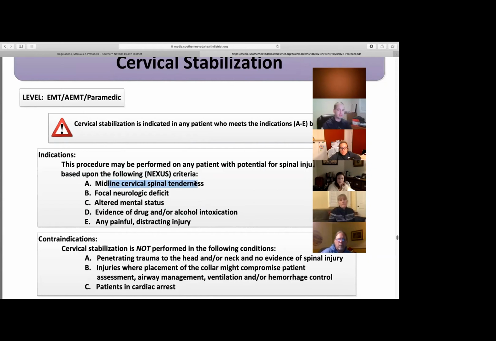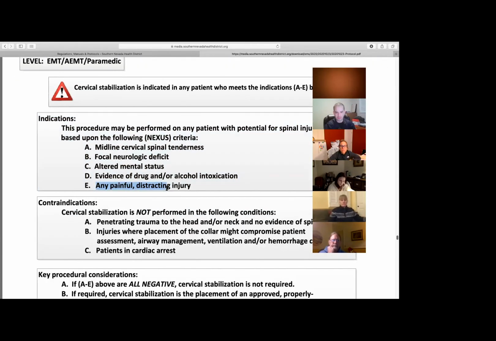As you're assessing your victim, you take your fingers and walk down each individual vertebra, seeing if the vertebrae themselves are tender. We can also assess for focal neurologic deficit, making sure they can move their hands and feet with no neurological deficit. We can also assess for altered mental status, asking our 4 A&O questions, looking for any drug or alcohol intoxication, or looking for any painful or distracting injury.